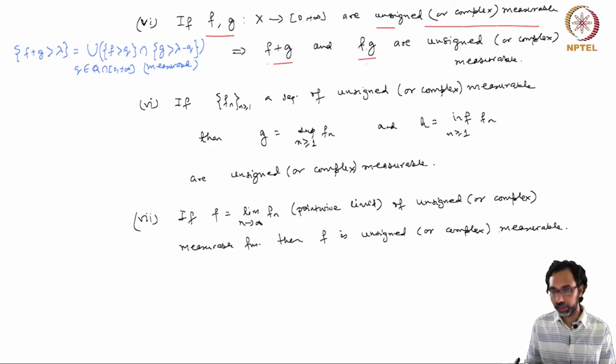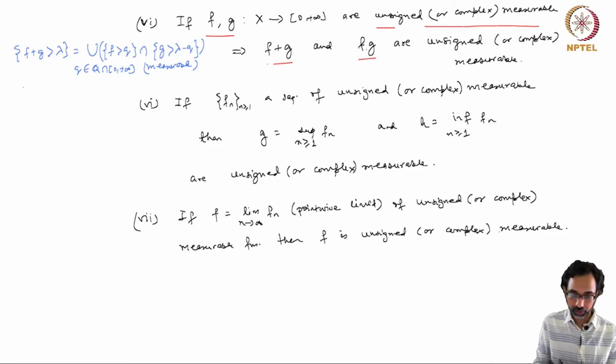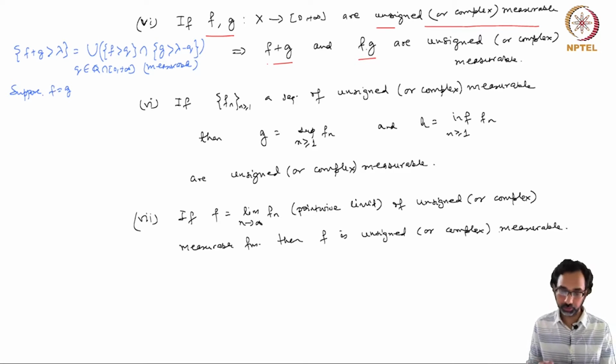Now for the second part, the pointwise product. First suppose that f equals g. If we can prove that f square is measurable, then we can deduce that f g is measurable. I will show you how.